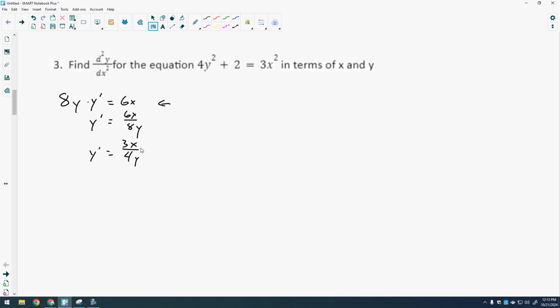Okay, I'm going to use quotient rule now using y prime. So y double prime equals the derivative of the top times the bottom, minus the top times the derivative of the bottom, all over the bottom squared.